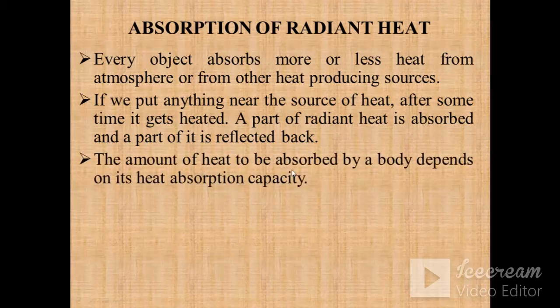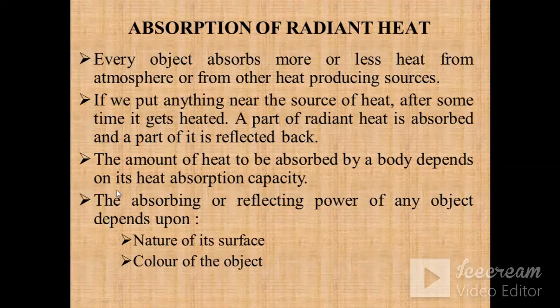The amount of heat absorbed by a body depends on its heat absorption capacity. The absorbing or reflecting power of any object depends on the nature of its surface and the color of the object. We already knew that black color absorbs more heat, and a shinier surface reflects more heat.